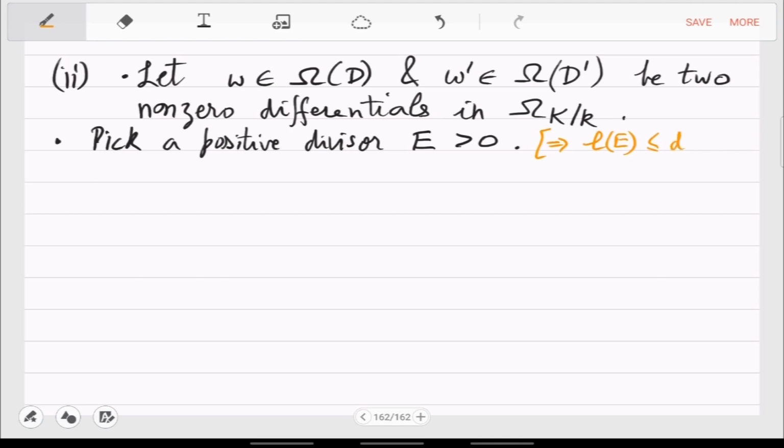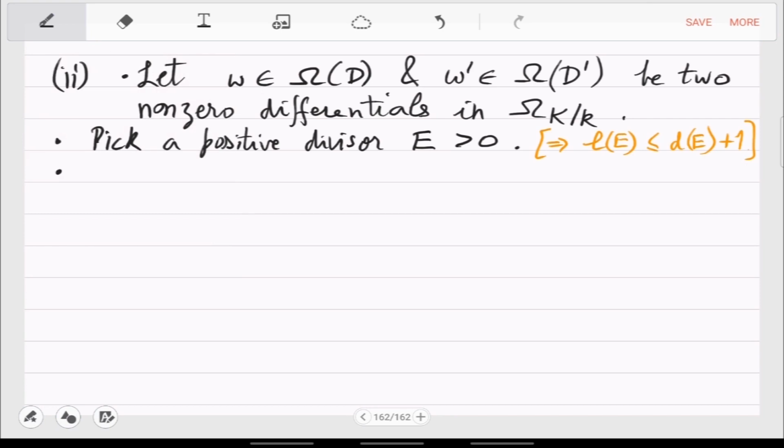It is bounded by the degree. I think this is also not very important to see. But anyway, for a positive divisor, the L dimension is at most the degree plus 1.